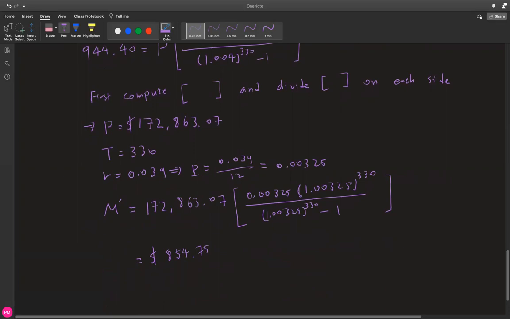Oftentimes, if there is a better rate, it's better to see if it makes sense, and oftentimes it would make sense, and this is how you calculate it. And simply by multiplying the 330 on here, this will tell you how much money you would owe the bank, and you can simply find the difference between this and the money that you would have owed if you did not refinance it.